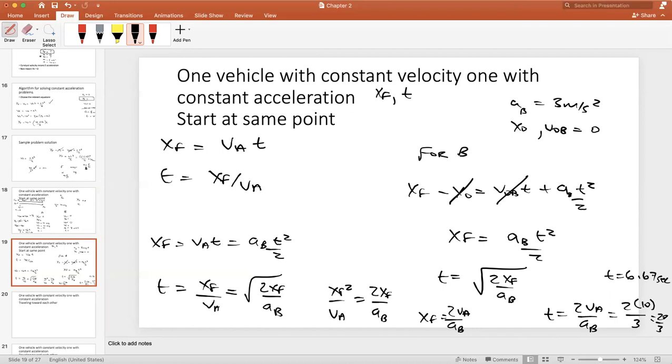And my final position, if I use this, is 2 times 10 over, which is again 6. Yeah, that seems super wrong to me, that can't be right. So where have I made my mistake?